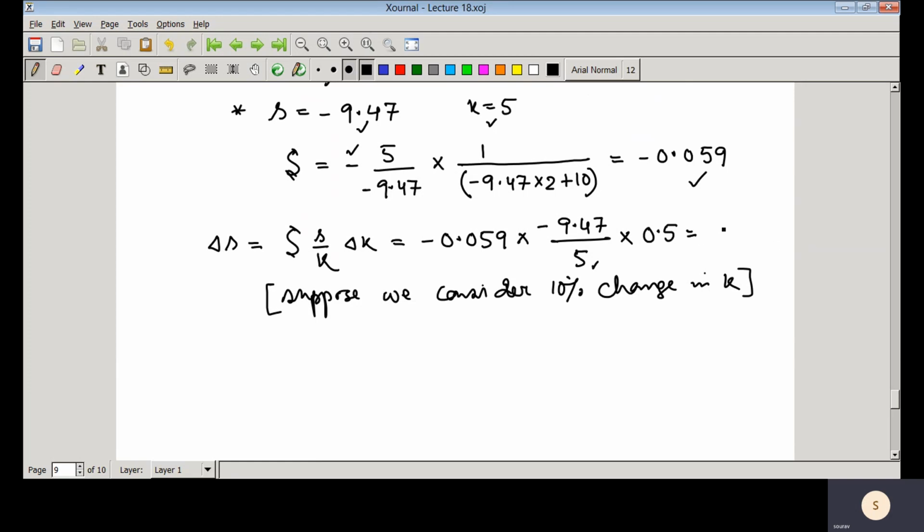So if you just multiply those terms, you will get 0.056.